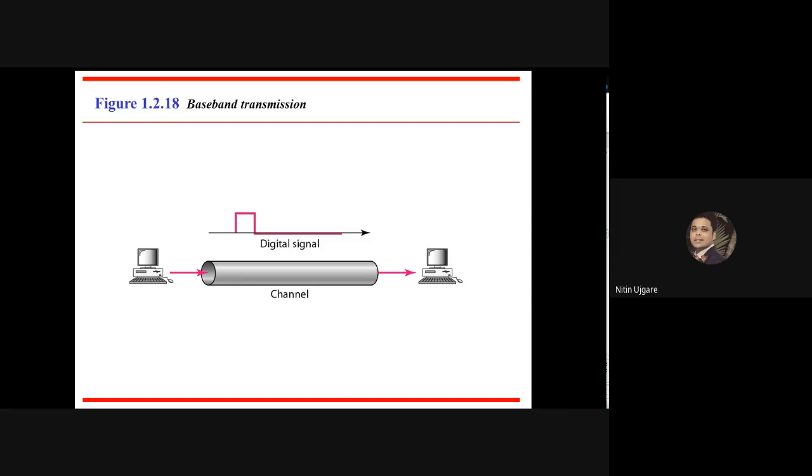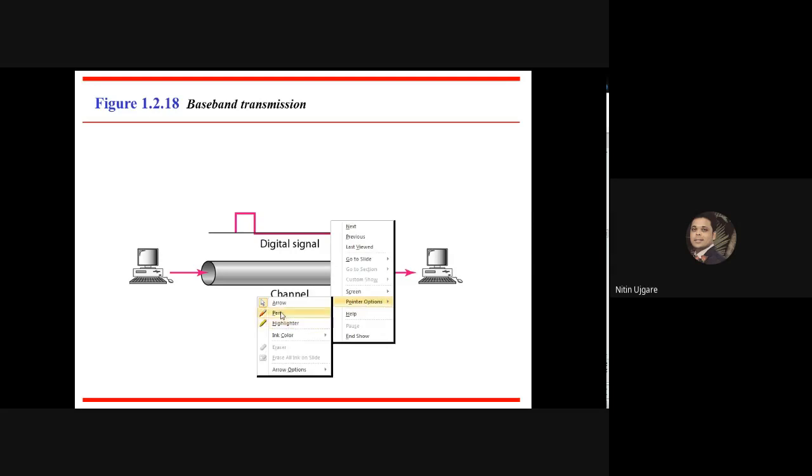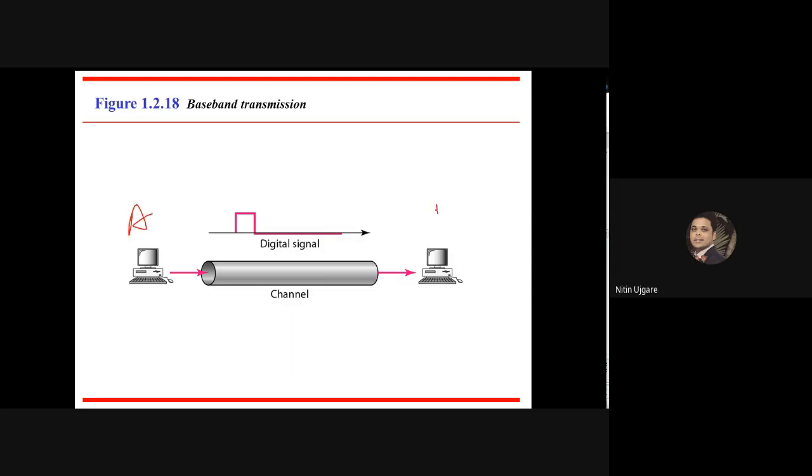You can see in this figure that this is sender A and this is sender B. Sender A has generated some message M1, and whenever we generate any message or data using a computer, it is in digital form, and we want to send this message M1 to B. But the problem is that this low pass baseband transmission channel carries only analog signals. So how do we deal with this problem?